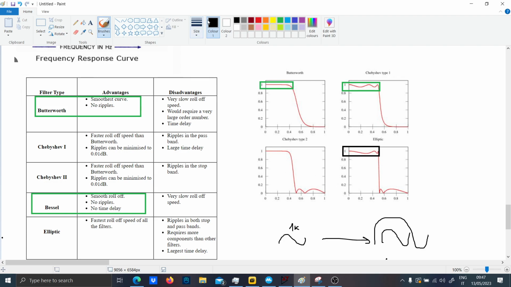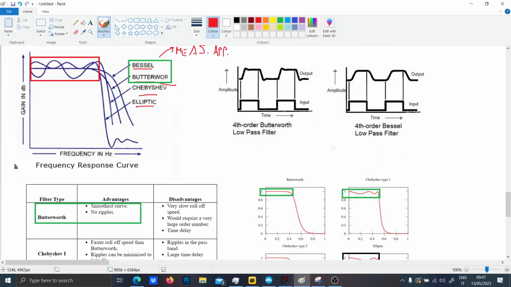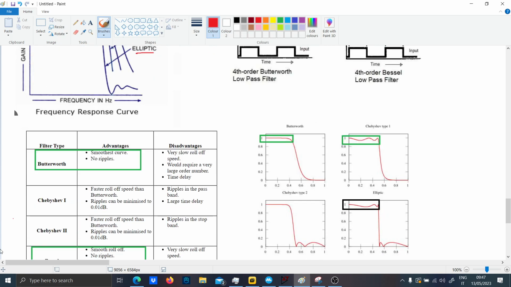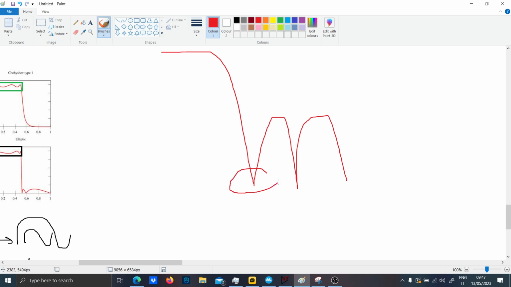So the elliptic, for instance, is used mostly in RF applications, because the elliptic, let me draw something here, has this kind of attenuation here, which gives a high attenuation at this point.